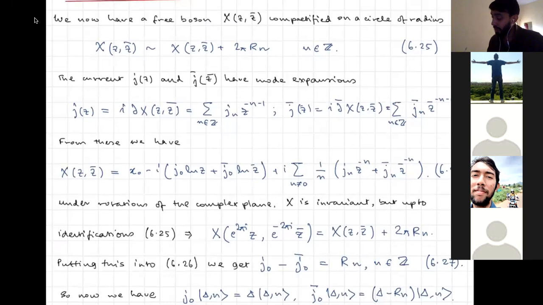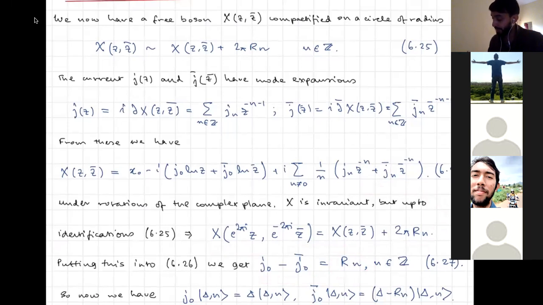So if you now plug this back into 6.26, then what we will find is that you can look at j naught minus j naught bar, and that has to be equal to R into n. Okay. So what happens then?